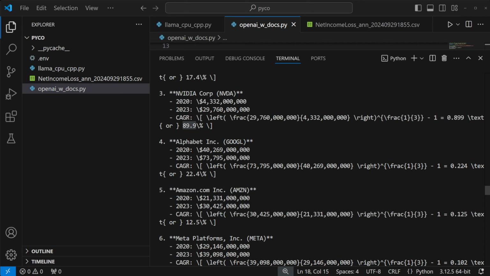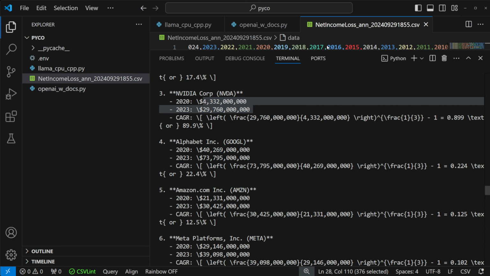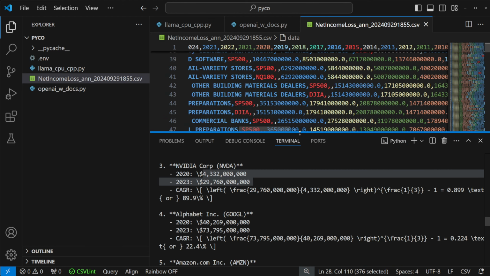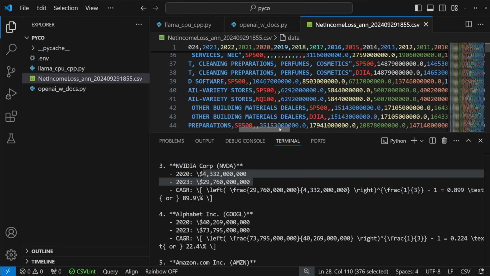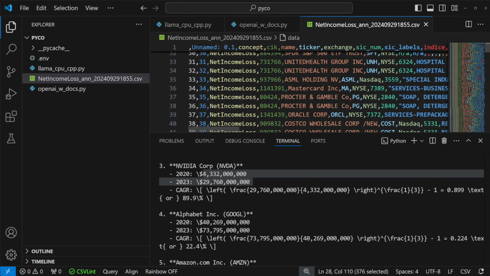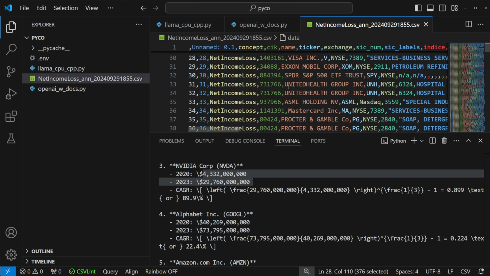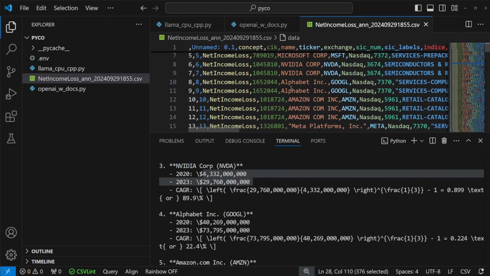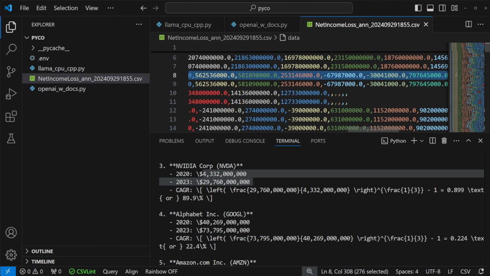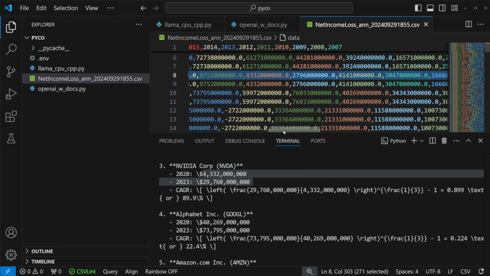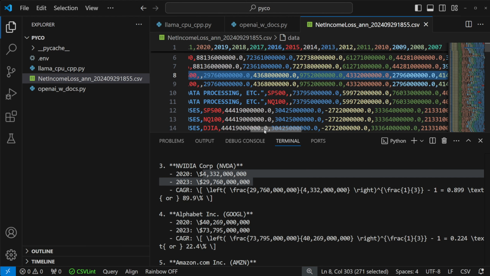So we've got these values, and we can double check right now by looking right here. NVIDIA, and we've got 29.76 and 43.32.